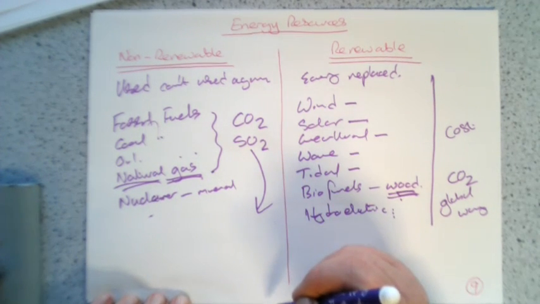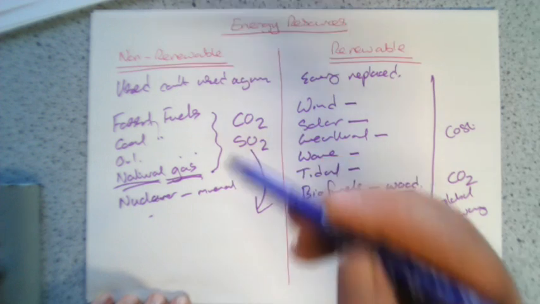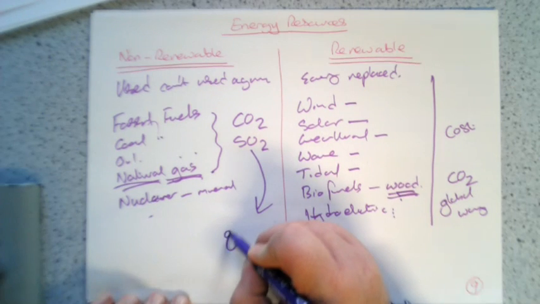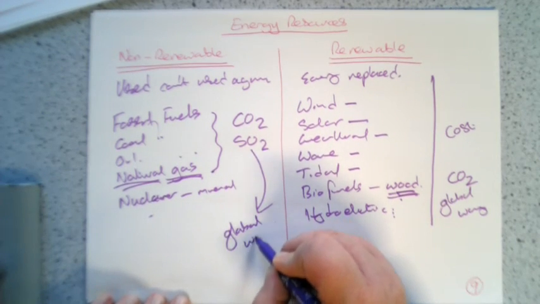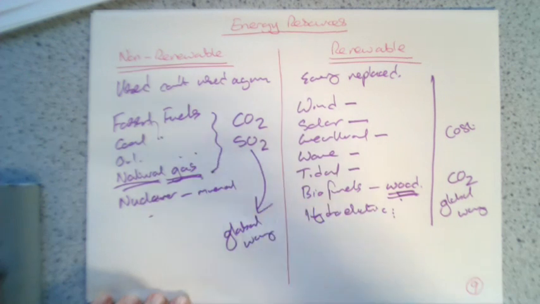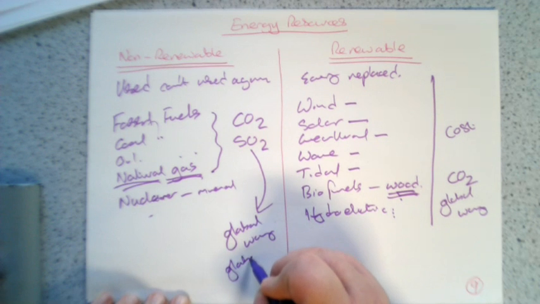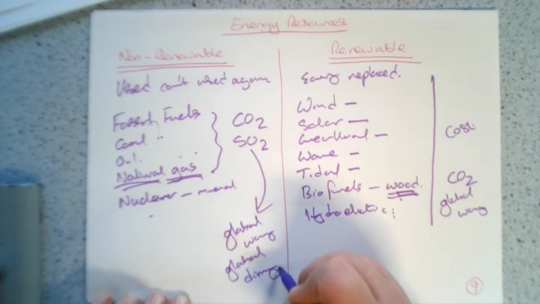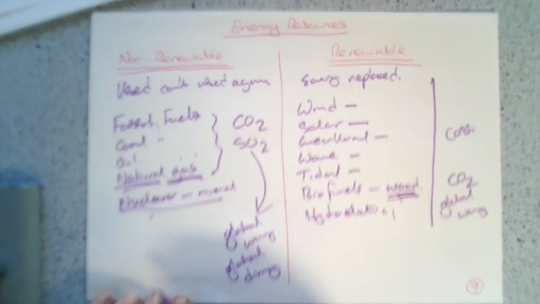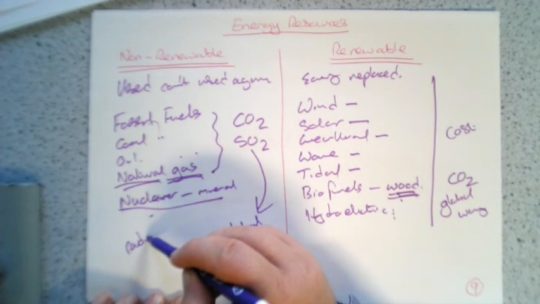Now, never, ever, ever, ever say pollution. We must name it. Okay, it's carbon dioxide, sulfur dioxide, and they contribute to global warming. You could even actually say, because they put particulates in the atmosphere, to global dimming. Nuclear, okay, lots of radioactivity.